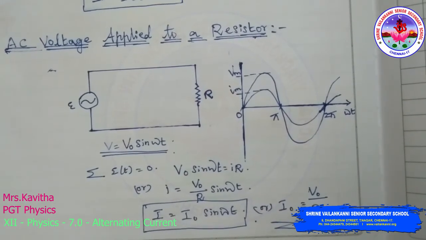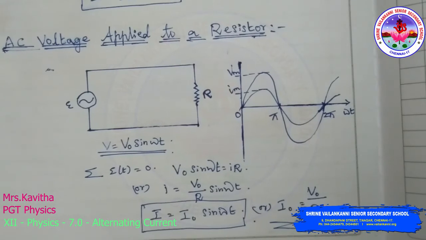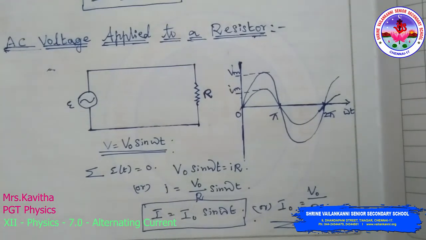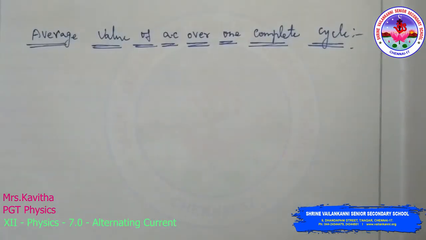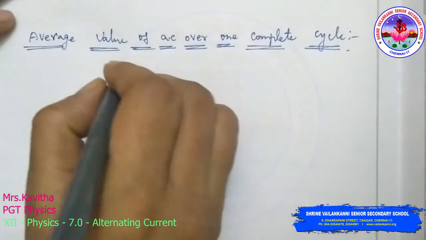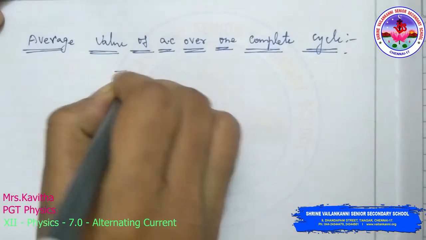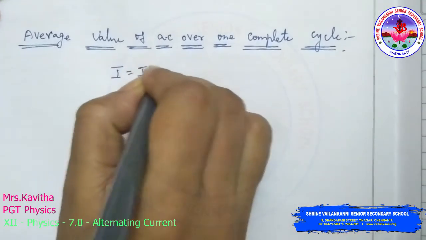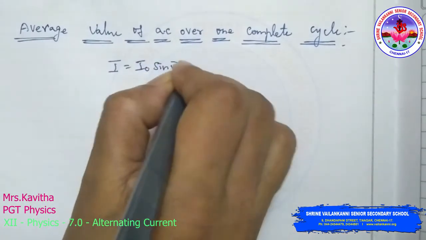We can see how the average current is 0 by deriving it. The alternating current at any instant is given by I equal to I naught sin omega t.